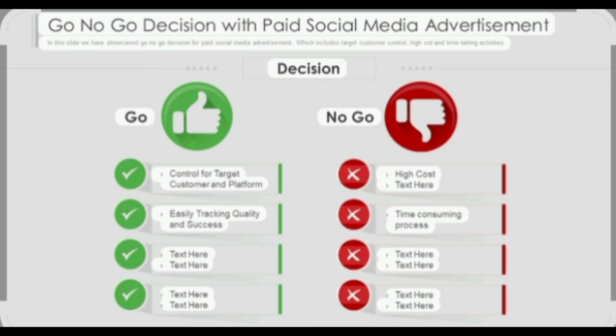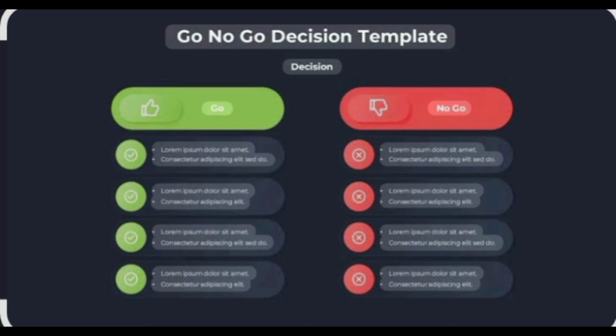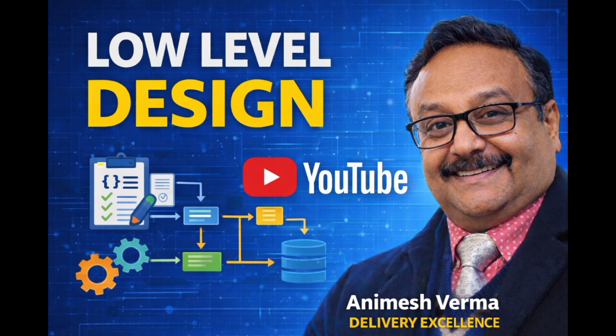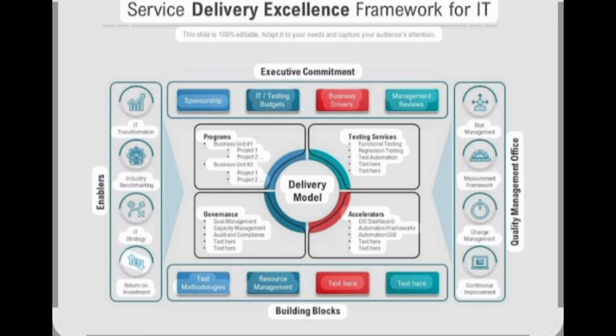Earlier only the developer used to do the unit testing, but now it's a team. We don't say the developer and the tester are different teams. No, we are working as a team, right? So we have to be very clear about what has to be said. Developer or tester should know the coding very clearly, because automation is a key area.